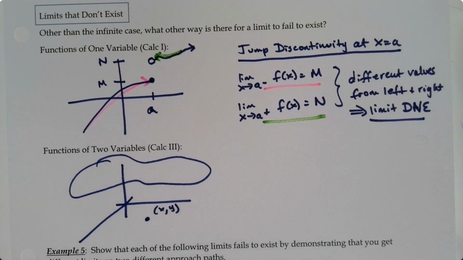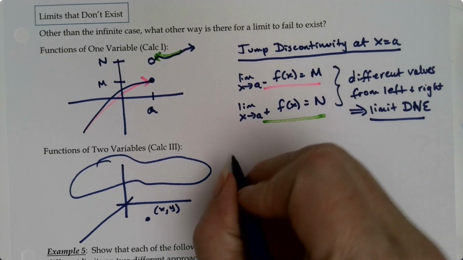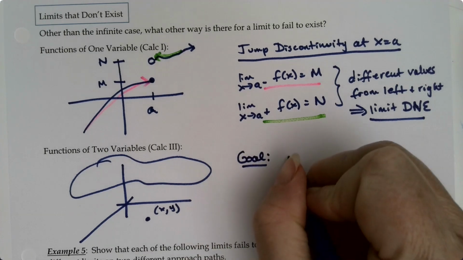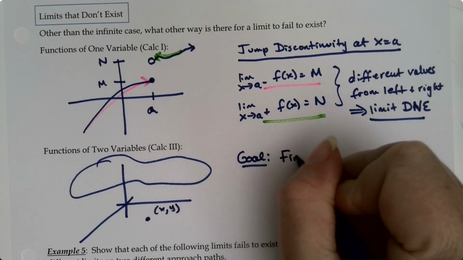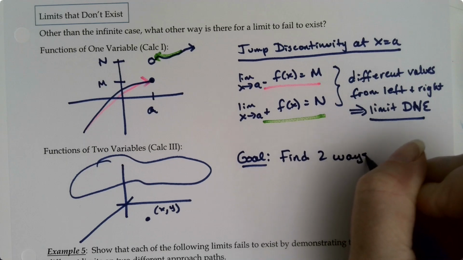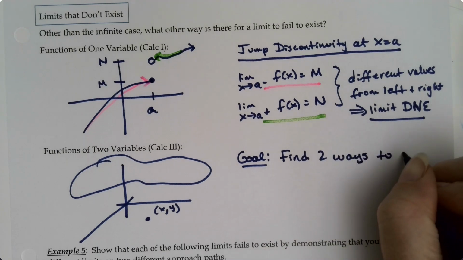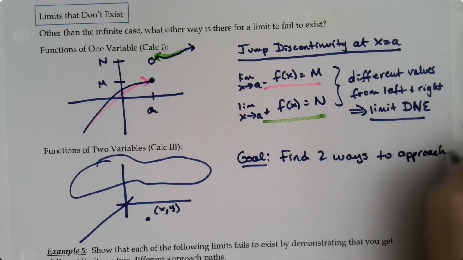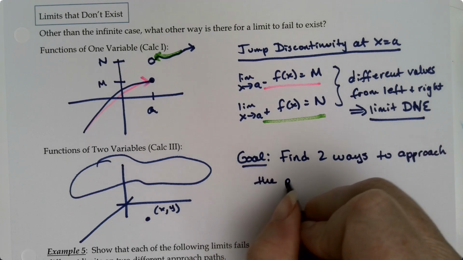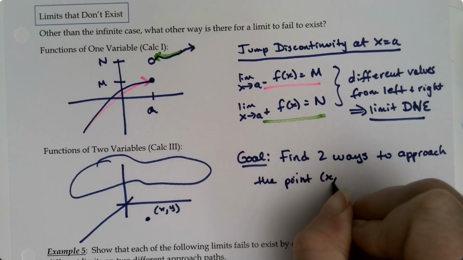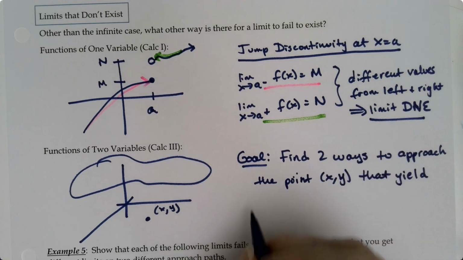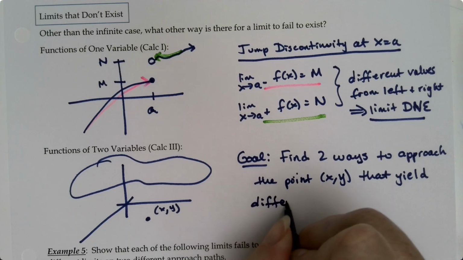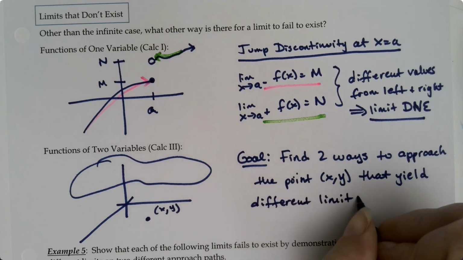So we're going to have to find more than one way to approach the point, right? Because we don't just have these two ways, left and right. So we have to find two ways. Sometimes they'll be left and right, but sometimes there'll be other things to approach the point x, y that yield different limit values.